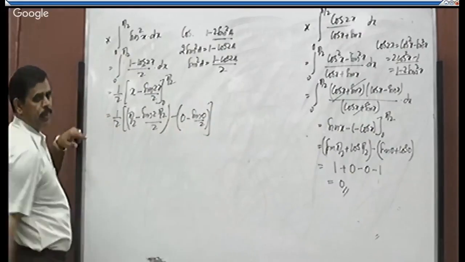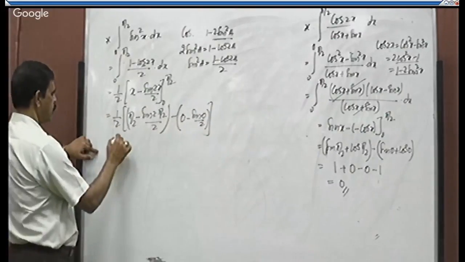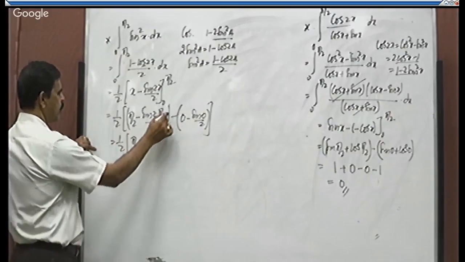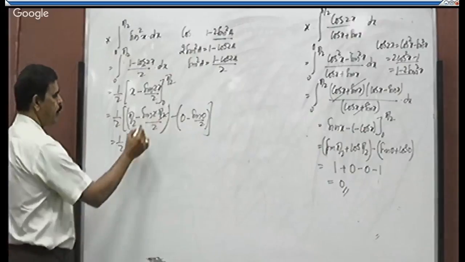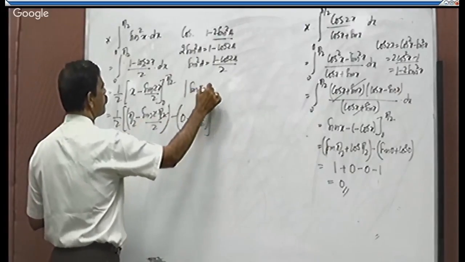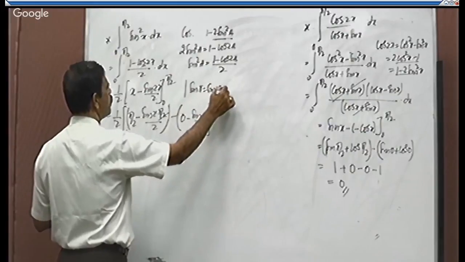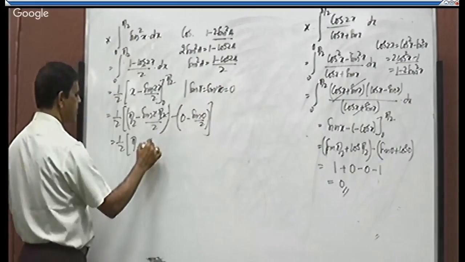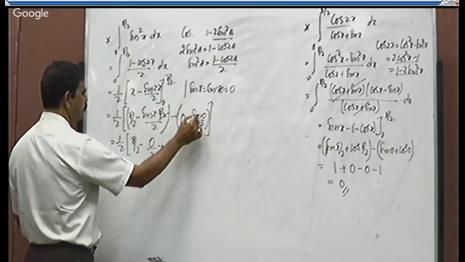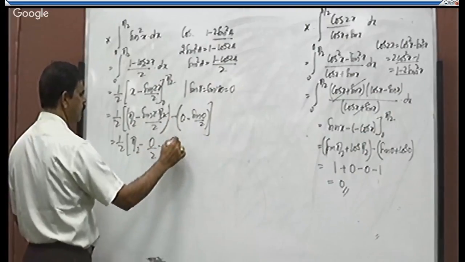Put big bracket. That is 1 by 2 into pi by 2 minus sin pi, sin 180, by 2. Sin 180 is 0. This is 0 by 2. This is 0. Minus into minus plus. Sin 0 is also 0 by 2.